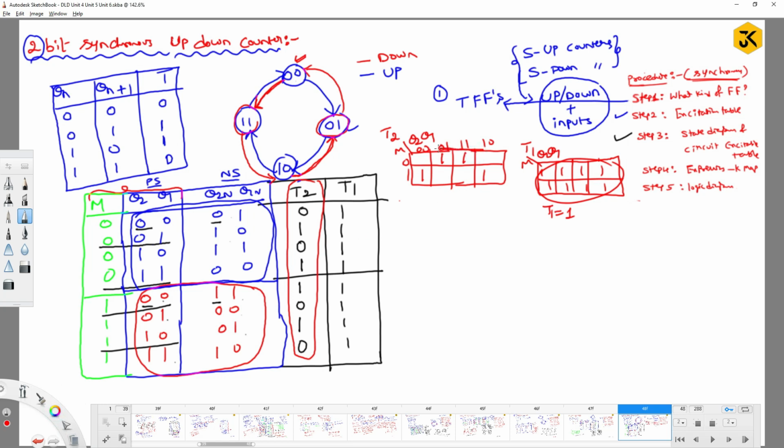If I combine these two as one unit and these two as one unit, this is the best possibility, right? So now what might be this value? This value will definitely be M, because it is 1, and what is not changing? 0 is not changing, so M Q1 bar. And this value will be M bar Q1, right? Yes. So T2 means what? M Q1 bar plus M bar Q1, right?